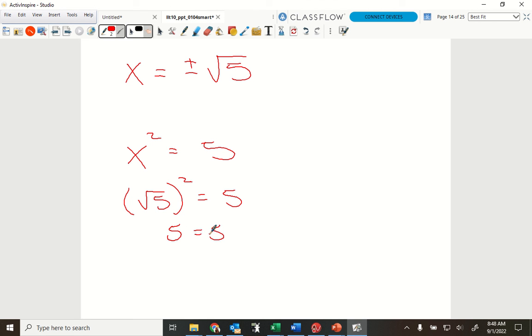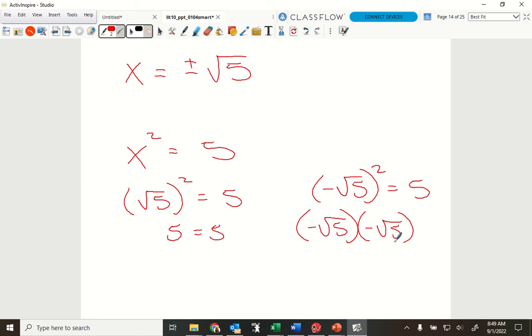But now let's try the other side. Let's say that it's now negative square root of 5, squared. Is that equal to 5? I don't think so. You don't think so? What happens when I square a negative? When I square something, isn't that just multiplying that number times itself? So isn't that the same as negative radical 5 times negative radical 5?